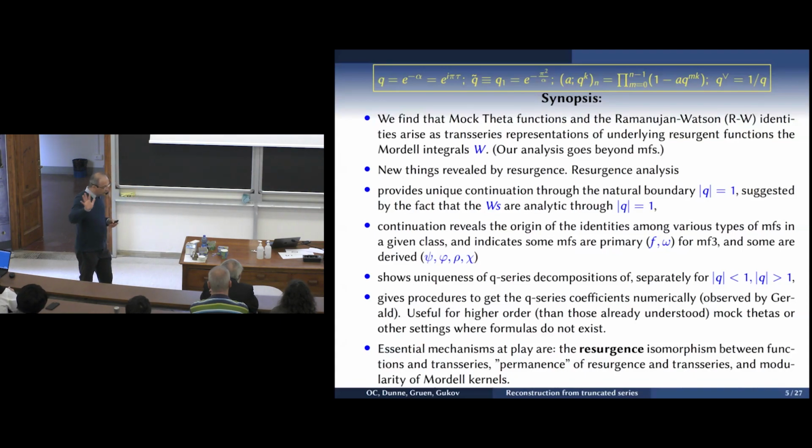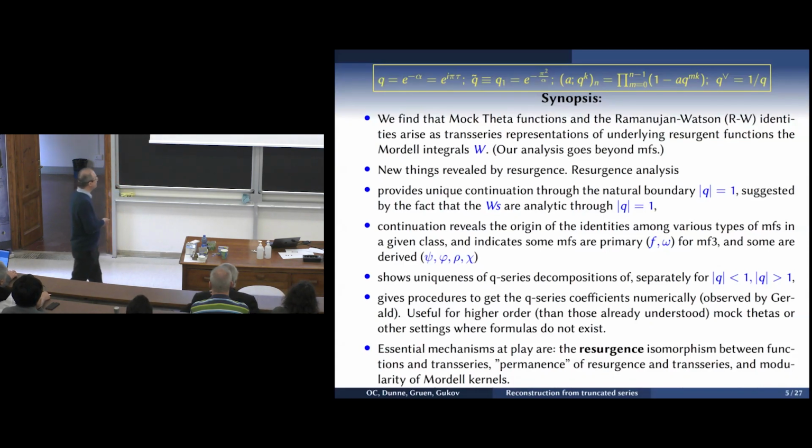You have the Mordell integral, suppose you have no formula in terms of those lacunary Q-Pochhammer things. You can get the coefficients numerically. So Gerald got 20 coefficients out of a new kind of class of, if we want to call them, mock thetas. Okay, so it's useful per se.